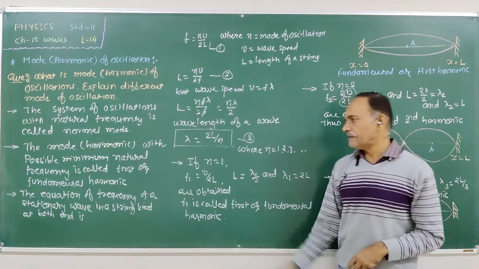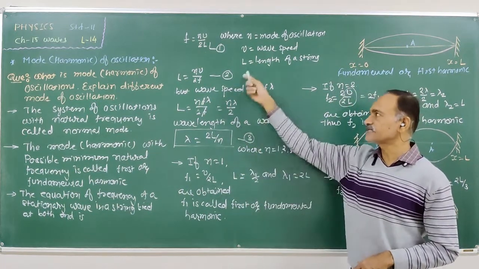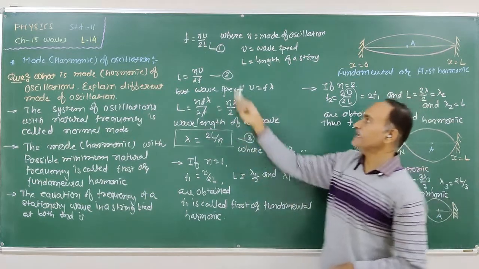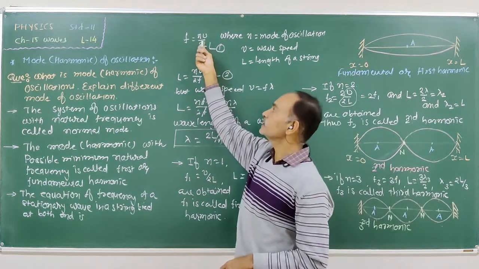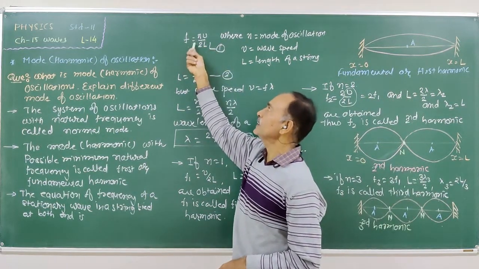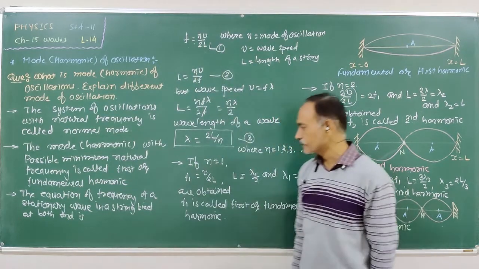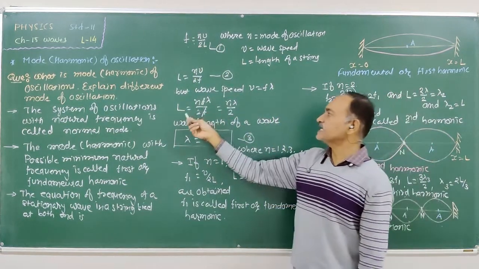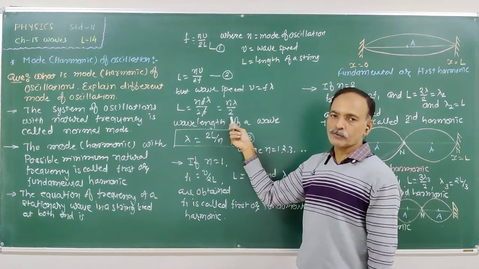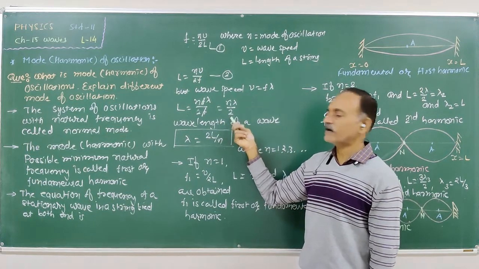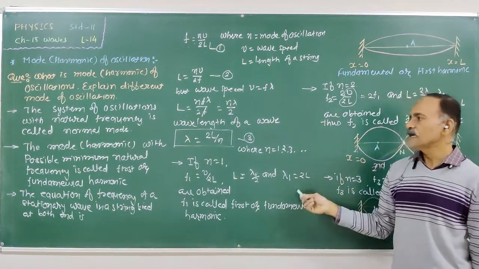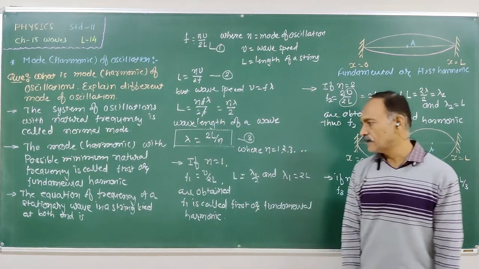Now, if n is equal to 1 in these three equations, we obtain f1 is equal to v upon 2L. Now L is equal to lambda by 2, here we take lambda 1 by 2, and lambda 1 is equal to 2L.